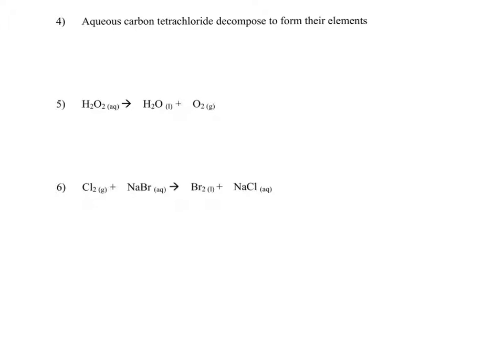The next 3 problems have us working with some other stuff, and it has aqueous carbon tetrachloride decomposes to form its elements. So carbon tetrachloride. Now this is a covalent compound, and the tetra usually means that we're dealing with a molecular compound.